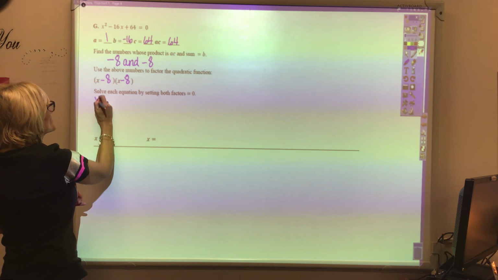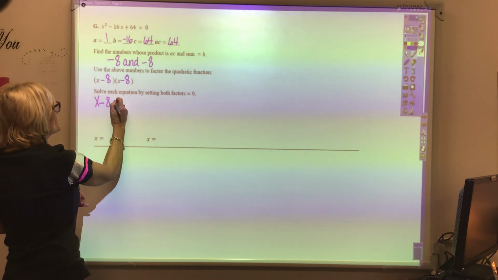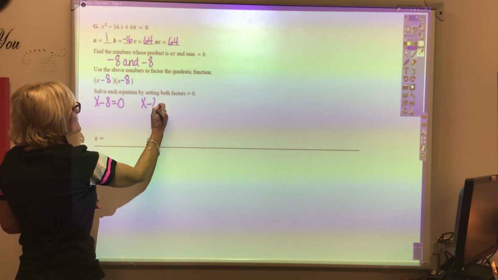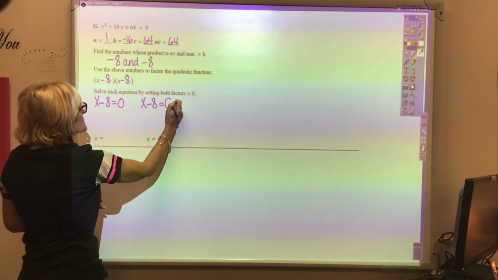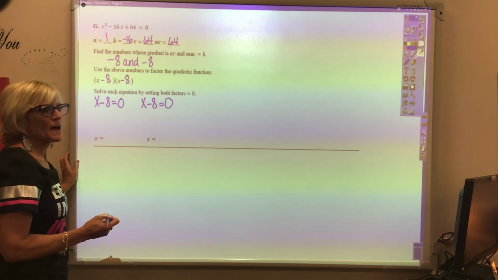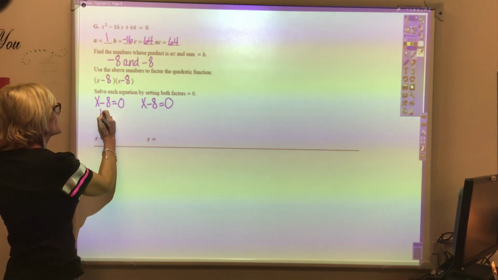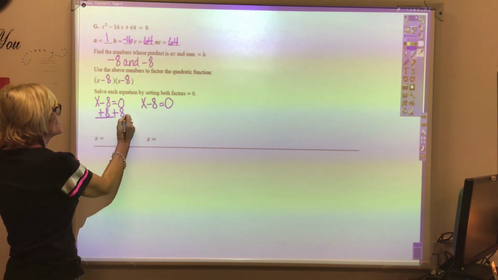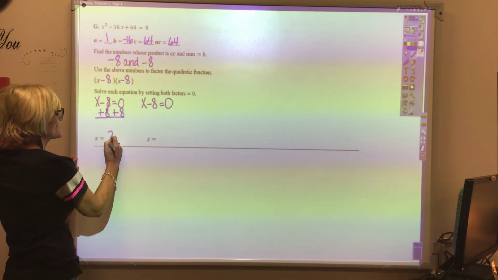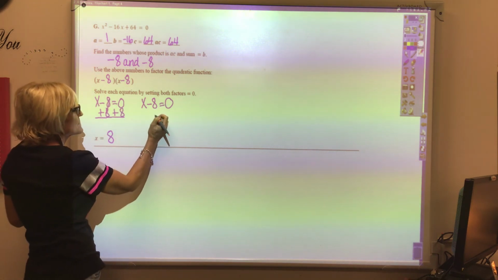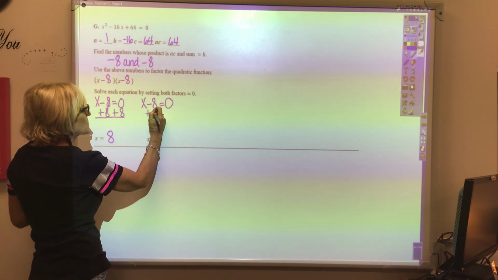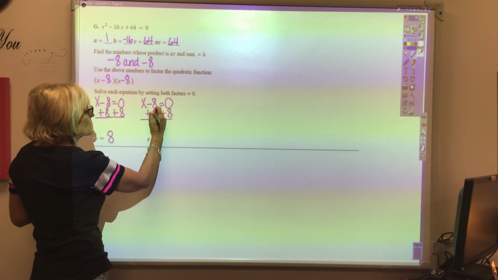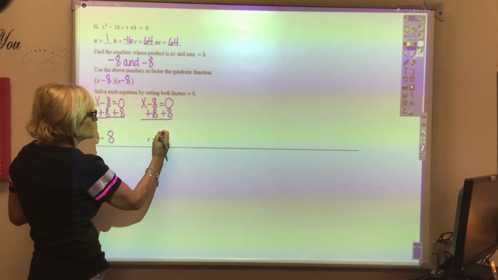We'll set both equal to 0. Notice we're going to have the identical answer, but we're going to write it twice because it has two factors. So we add 8 to both sides. x is 8. We do the same thing here, add 8 to both sides. x is 8.